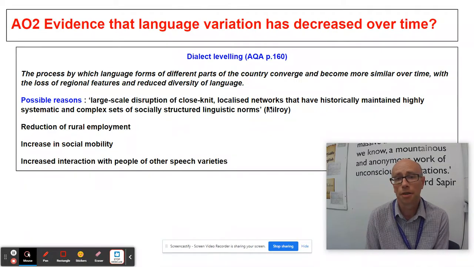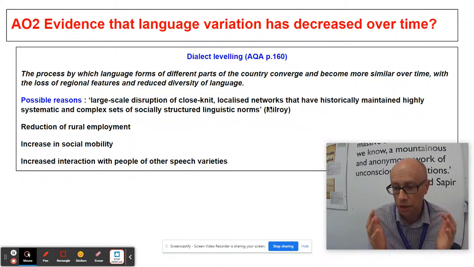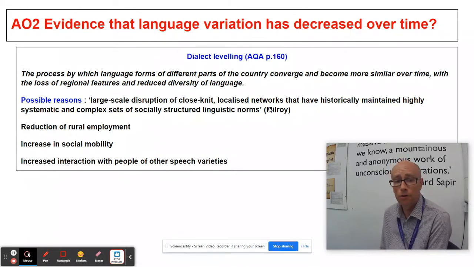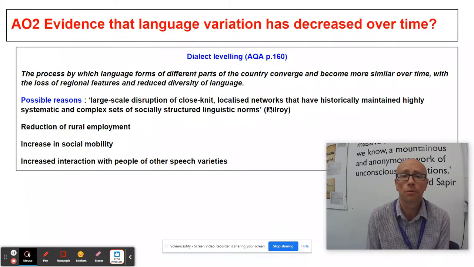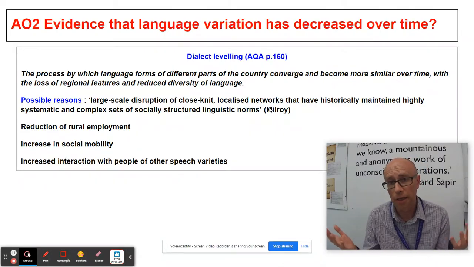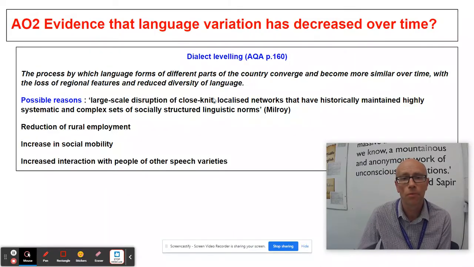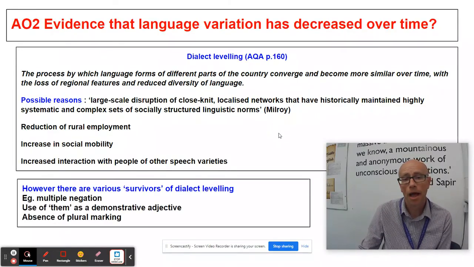We have, of course, the increase in social mobility, so we no longer have people necessarily stuck in the working classes for the whole of their lives. And of course, we have increased interaction with people of other speech varieties, including exposure to other speech varieties in the media, such as on the internet. So all of that, you could argue, is evidence that language variation has decreased over time.